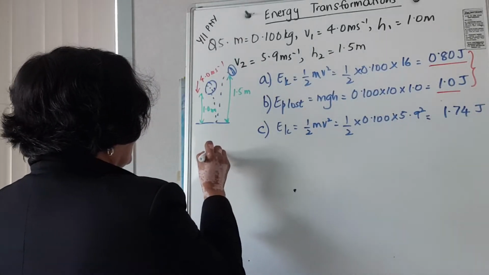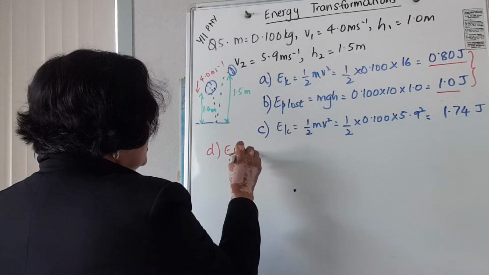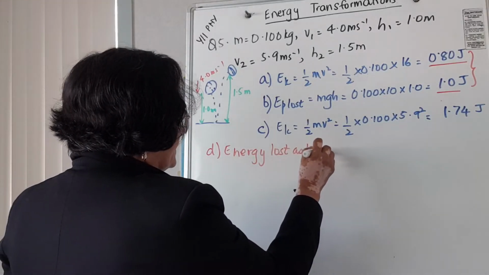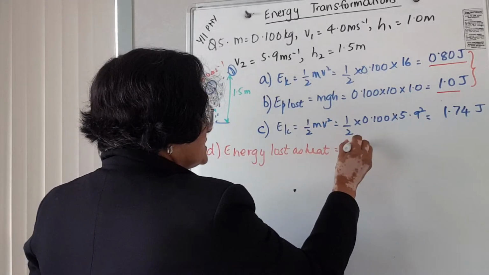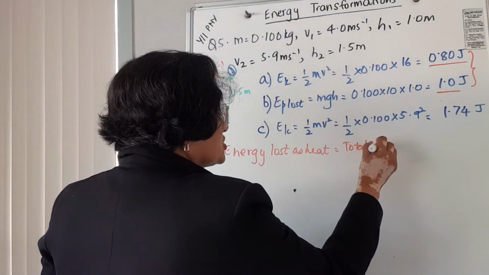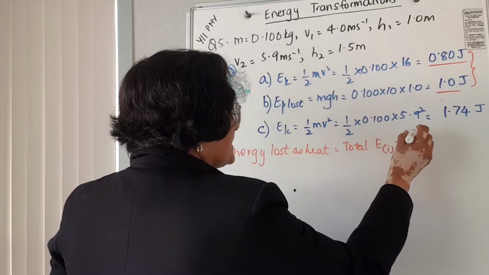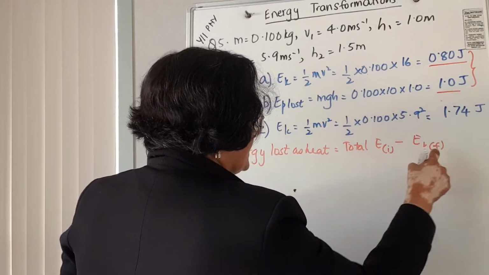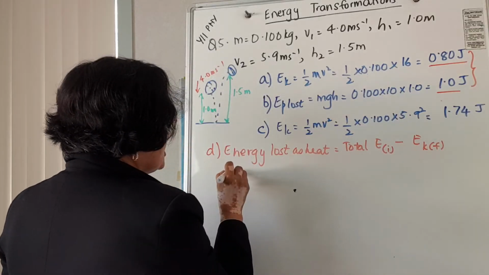So energy lost as heat is total initial energy minus whatever kinetic energy it had in the end, your final kinetic energy.